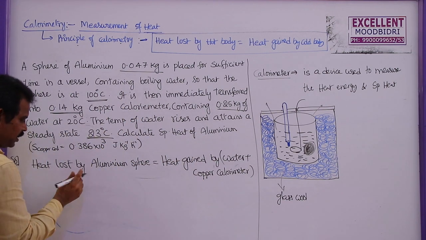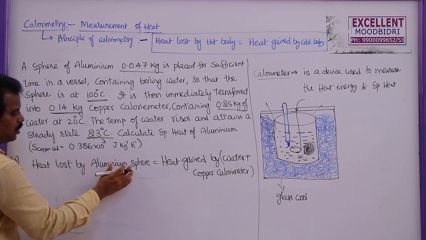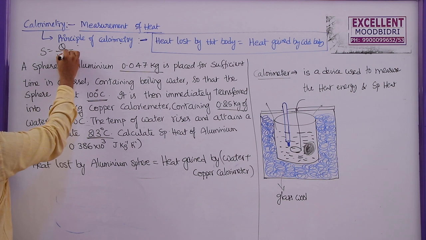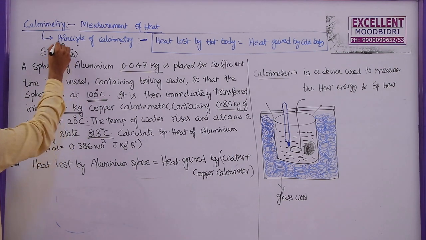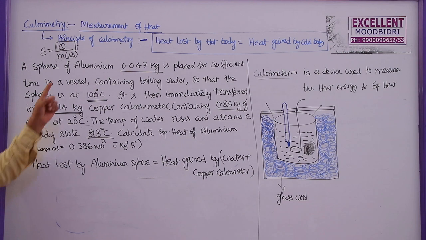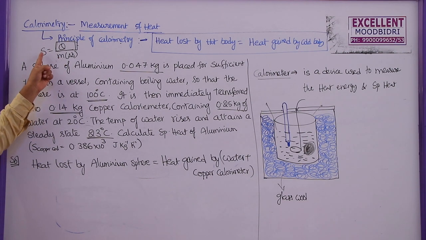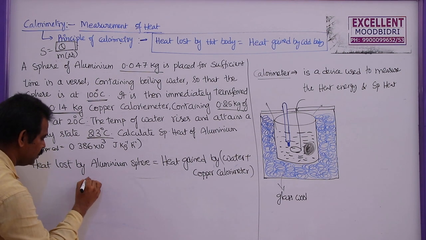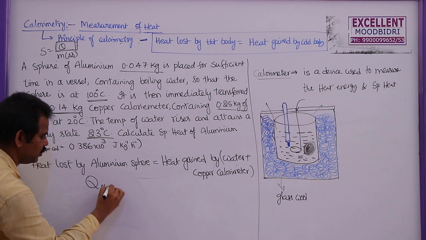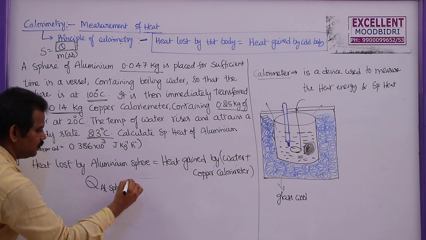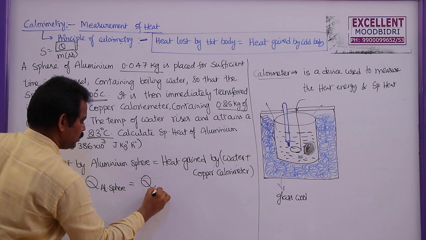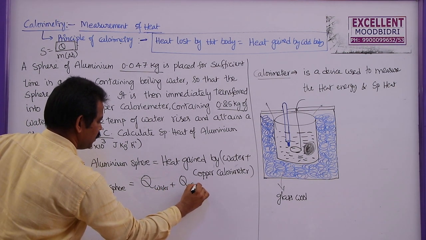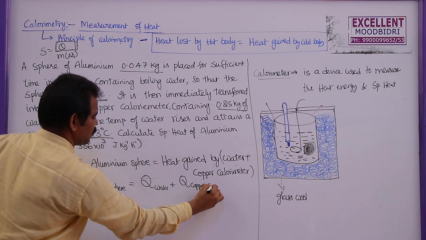In this case, first let me find out the heat lost by aluminum. We know that specific heat is given by Q by M delta T. So what is the heat gained or lost here? This is the product of mass into specific heat into temperature. So now the equation I am writing: heat lost by aluminum sphere is equal to heat gained by water plus heat gained by copper calorimeter.